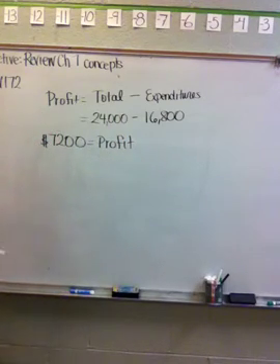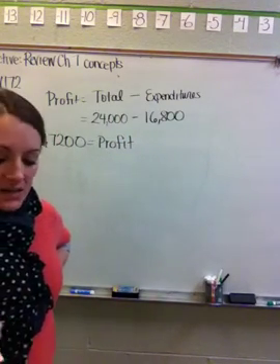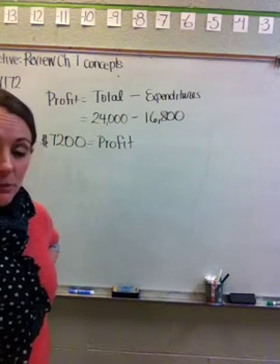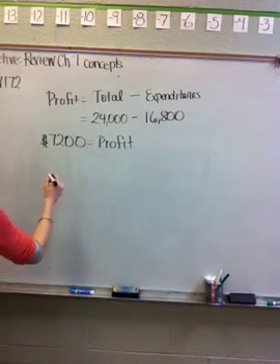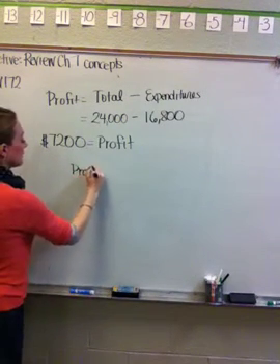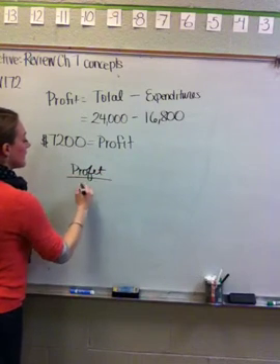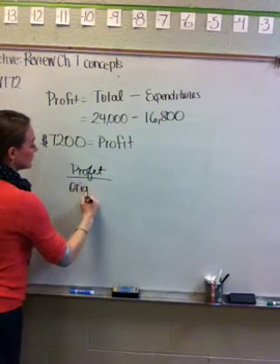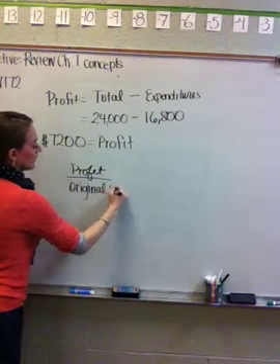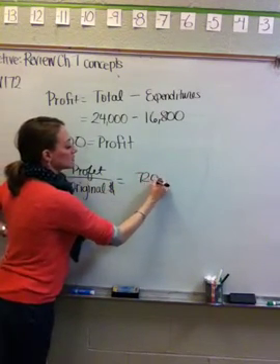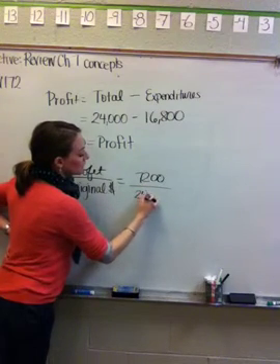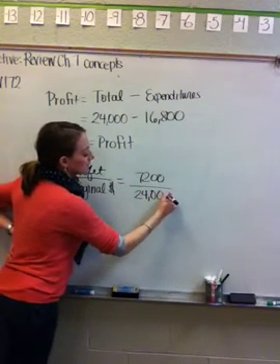All right. Now we need to find the percent of profit. What's the formula for the percent of profit? Kathleen? The profit over the original amount. Profit divided by the original amount of money. So my profit is 7,200 over 24,000.